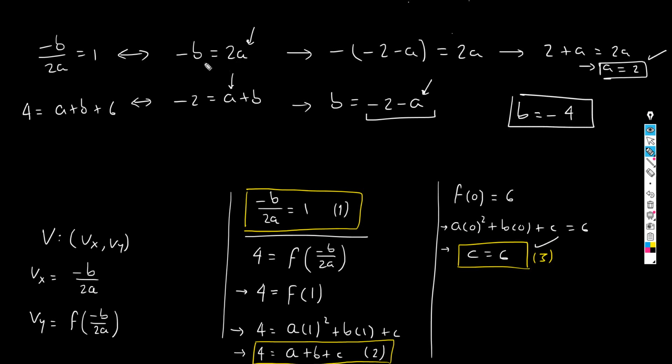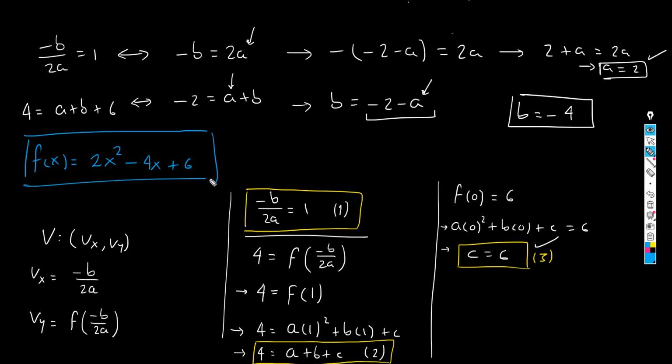Okay? And we're done. We have completed the full function. f of x will be a, which is 2x squared, and then b, which is minus 4x, and then c, which is 6. We're done.